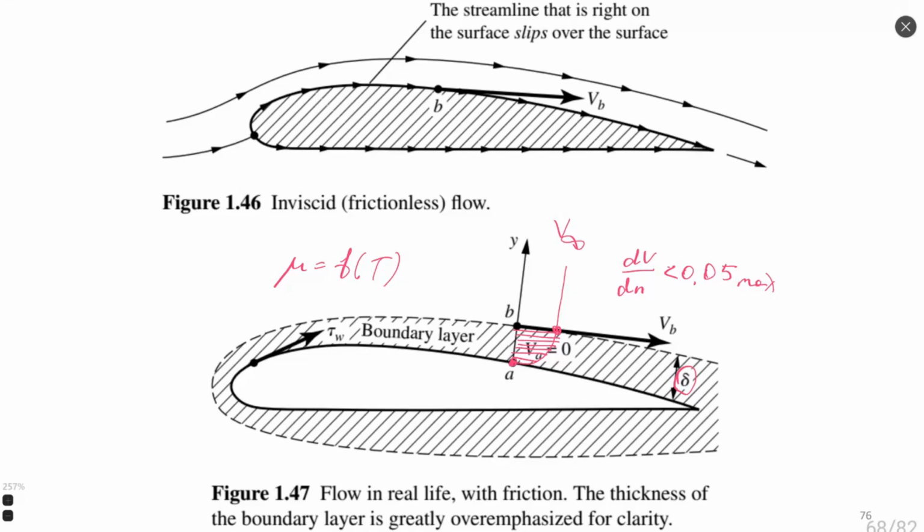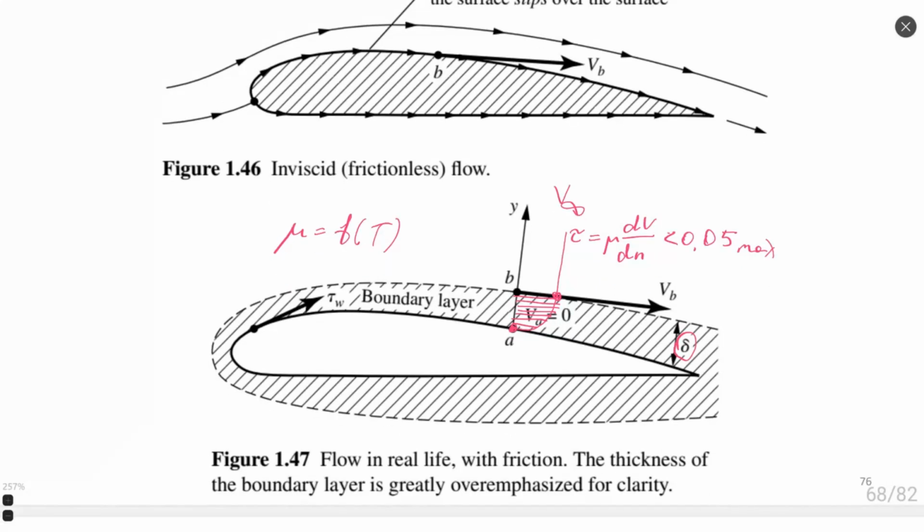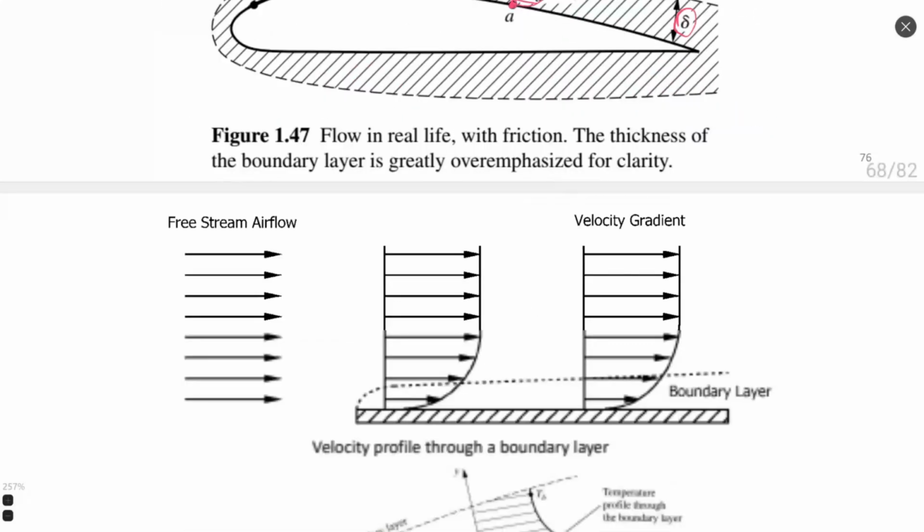Viscosity and shear stress, right? Tau is mu multiplied by the velocity gradient. You remember this definition of shear stress. And mu is a function of temperature. So the thermal boundary layer is related to the velocity boundary layer. We will discuss these quantities in gas dynamics.